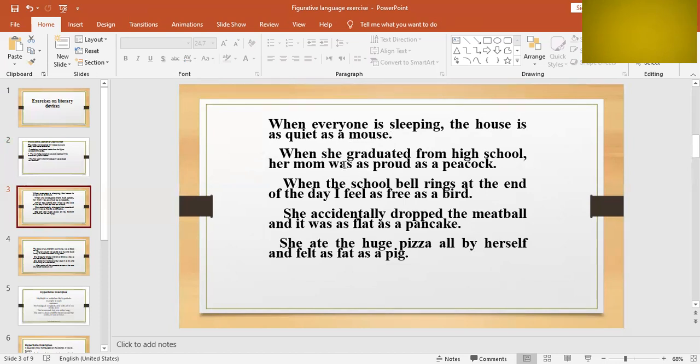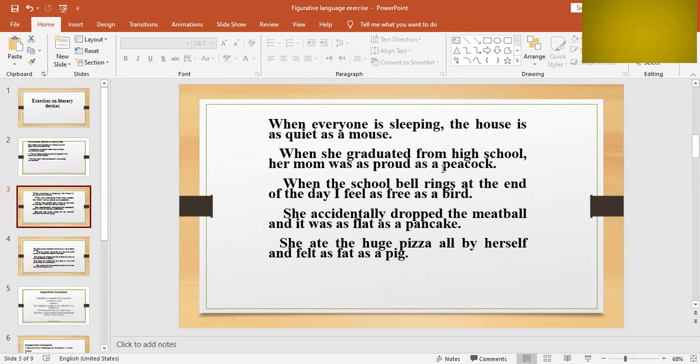Imagine the situation. When she graduated from high school, her mom was as proud as a peacock. You know, the peacock is a bird which has a very big tail. It spreads it. It is a colored tail.